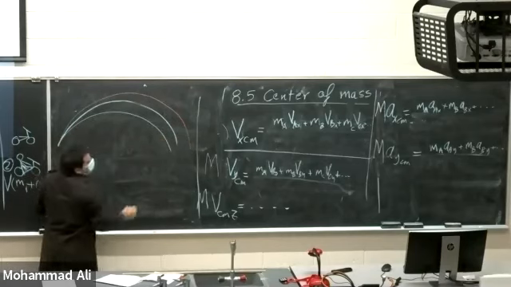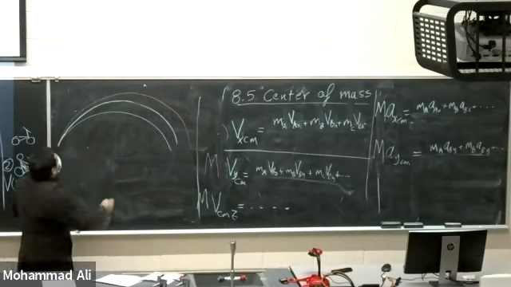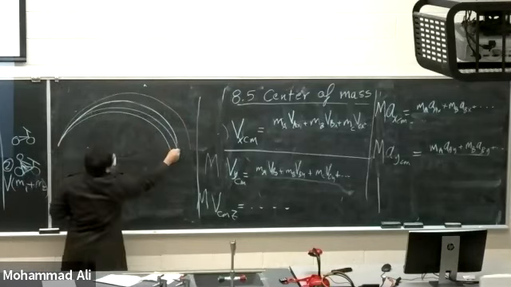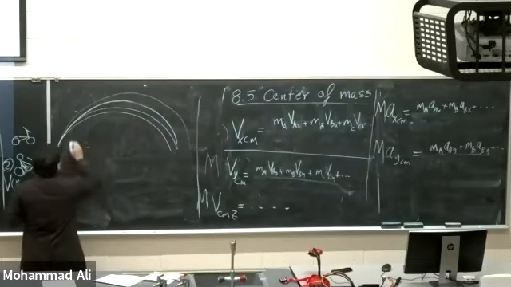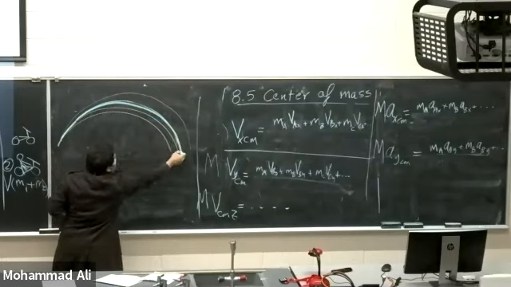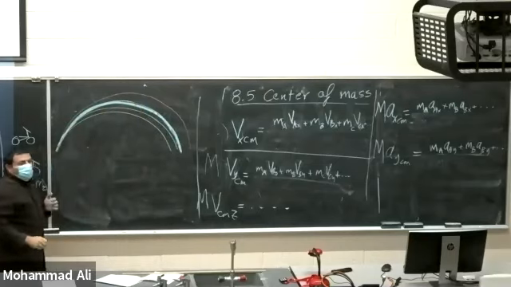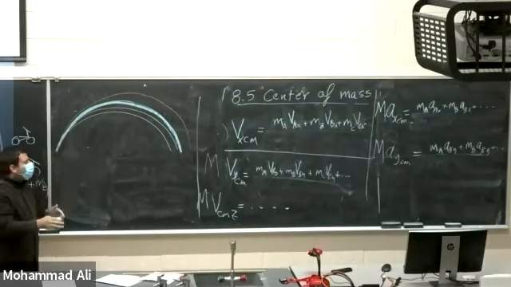This is the second object, for example. And for example, this is the third object. And the trajectory of the center of mass is this. It is intermediate between them.